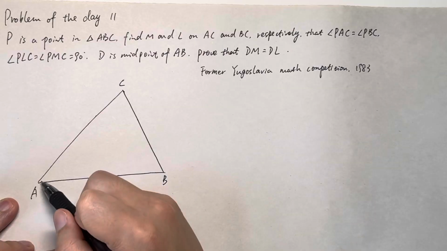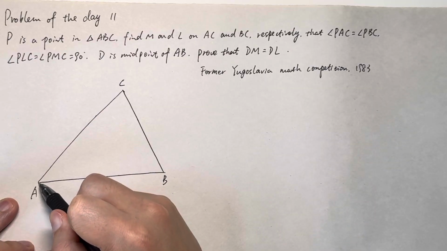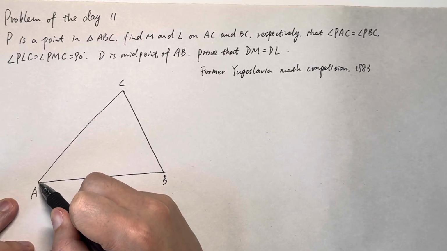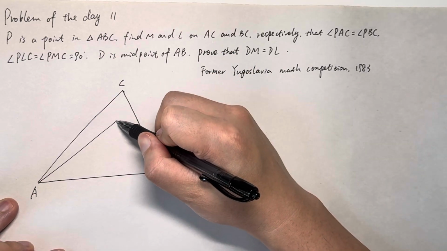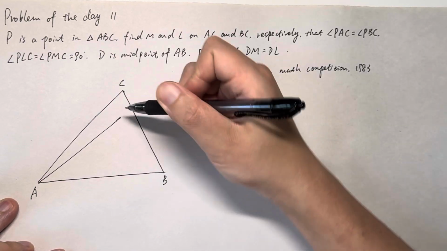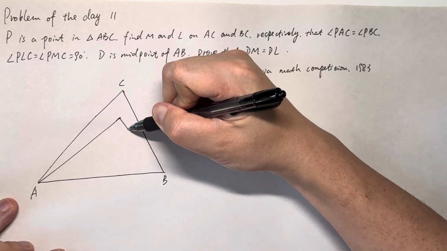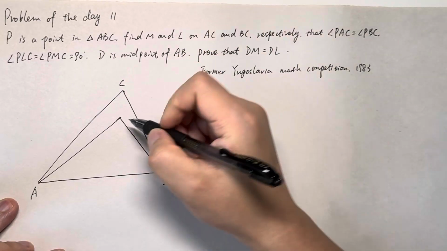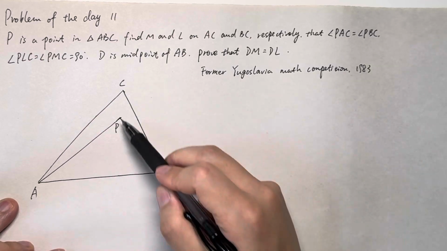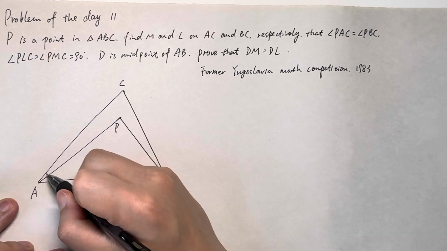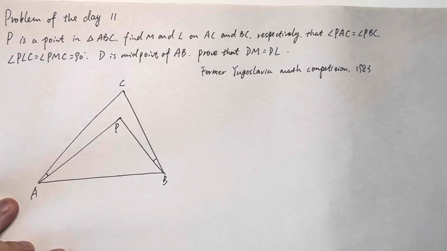This is a triangle ABC. And let's consider this point P. We know that angle PAC equals angle PBC, so this angle equals this angle.